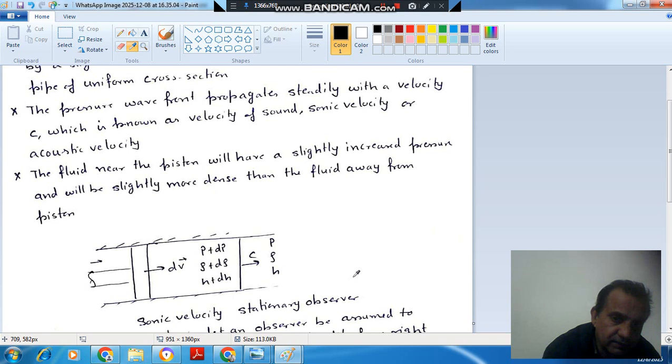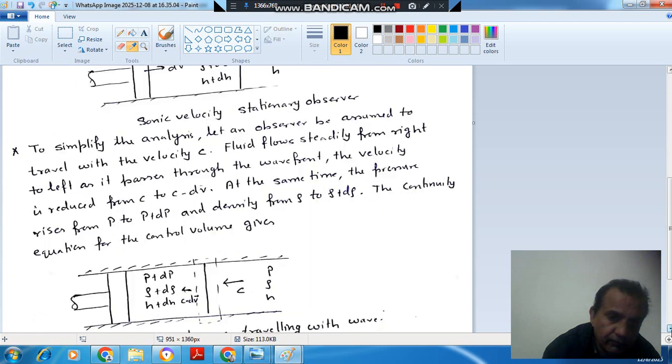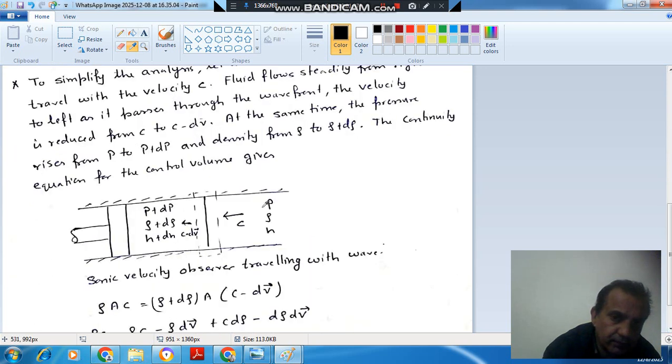Now to analyze it or to simplify it, we start moving with the wave. Then this stationary gas appears to come to us with velocity c, and here the gas is leaving with the velocity c minus dv, because the velocity of gas is dv in this direction, and from here the gas is coming with velocity c, so net velocity will be c minus dv.